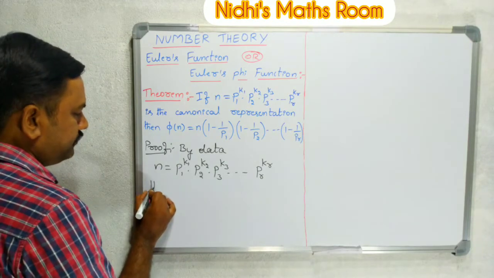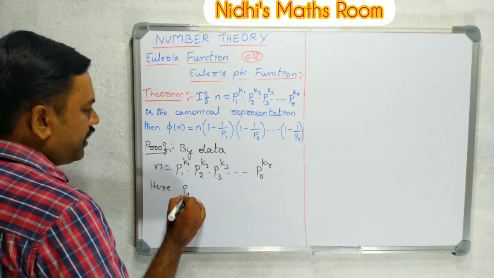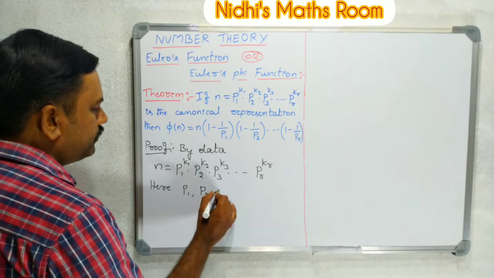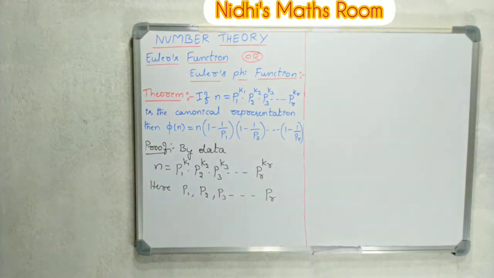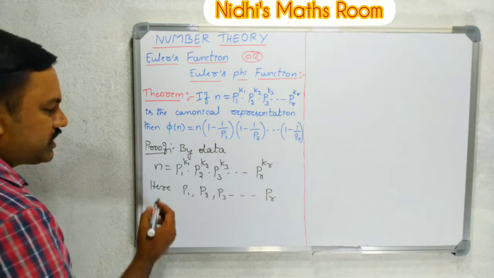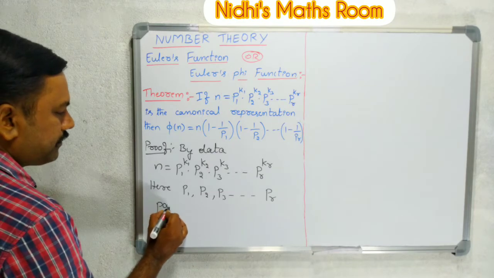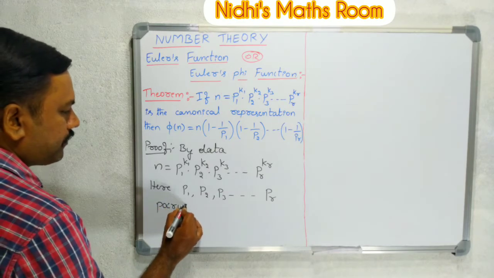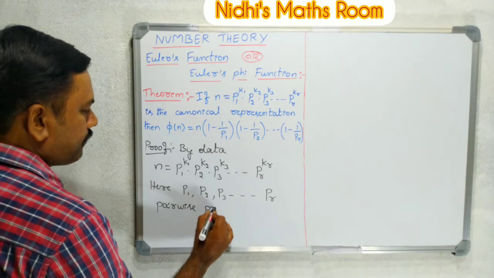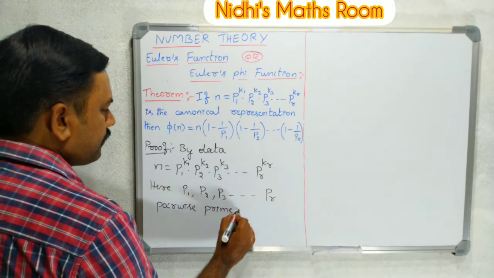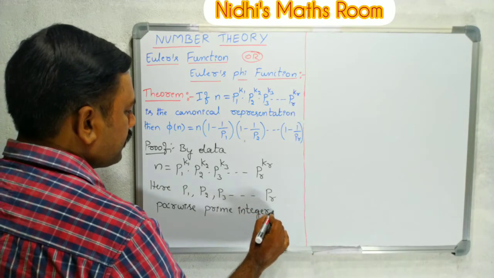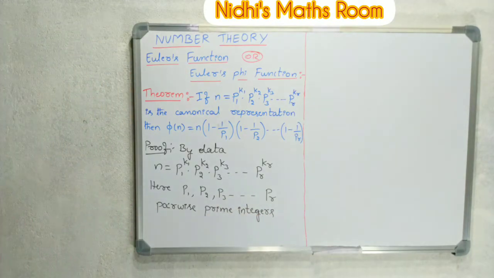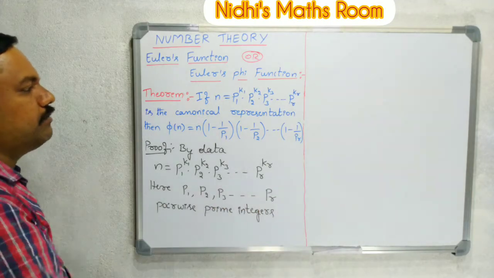Here p1, p2, p3 so on, pr are pairwise prime integers. Pairwise prime integers, they are all prime numbers.